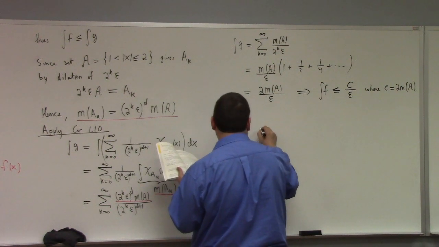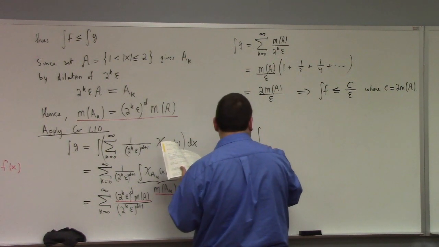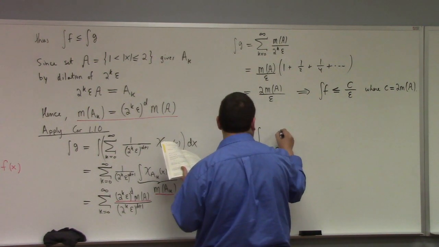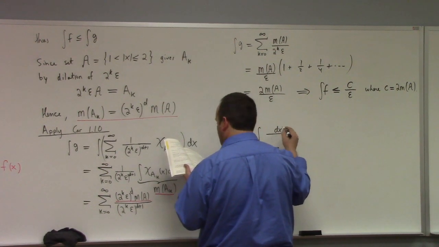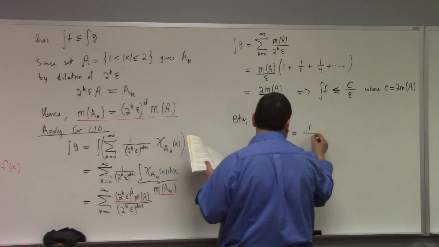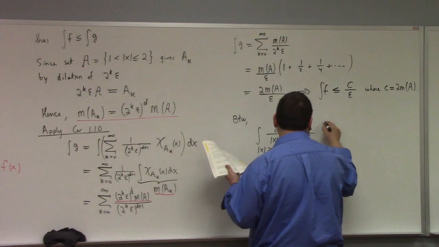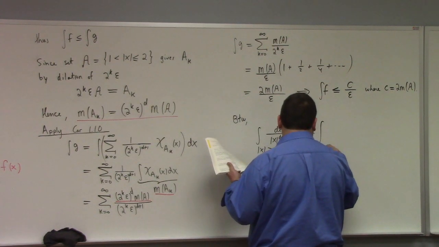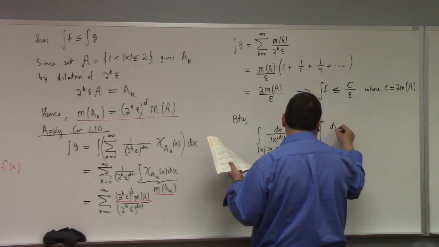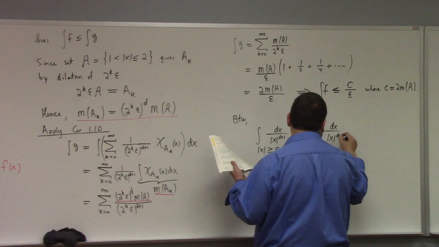Fun fact, we can prove that the integral over the exterior annulus, hyperannulus, whatever you want to call the thing, of dx over |x| to the d plus 1 is equal to 1 over epsilon times the integral over the unit exterior annulus, or hyperannulus, whatever you want to call the thing. That's cute.